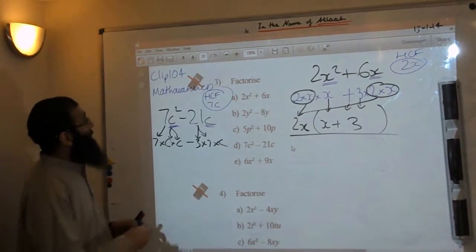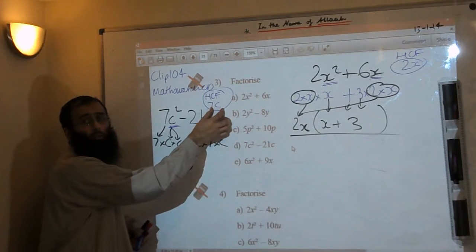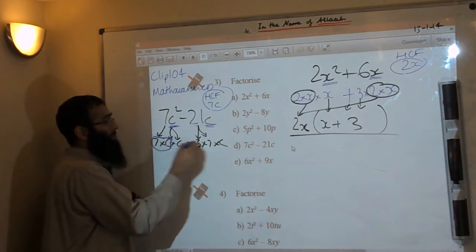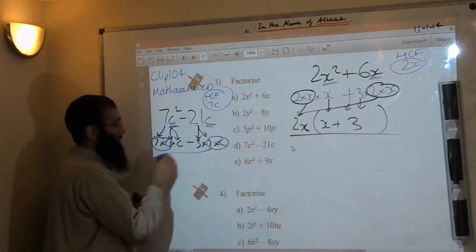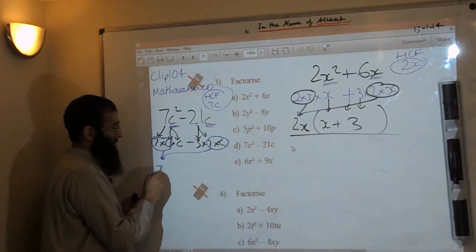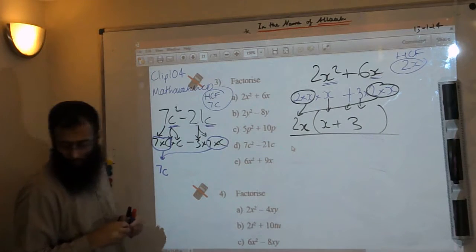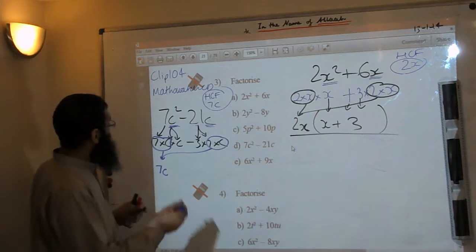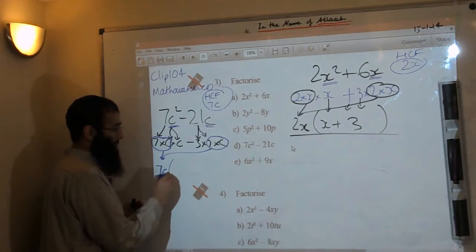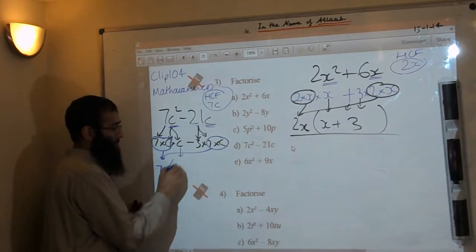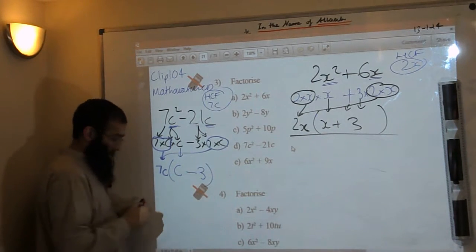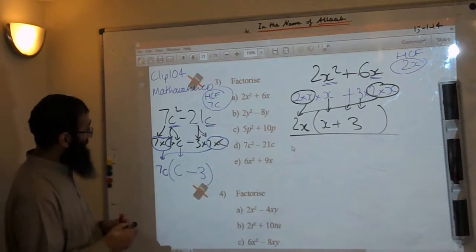Now we already know what's common, so we're going to pull out 7c. What's left over now, Hassan? It would be the c minus 3. Finished. Question is done.